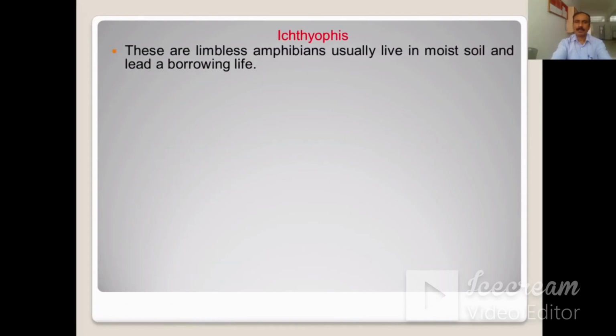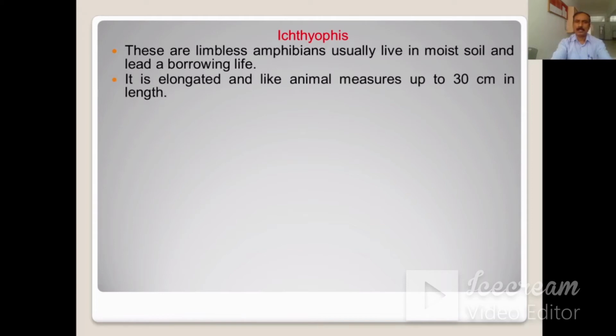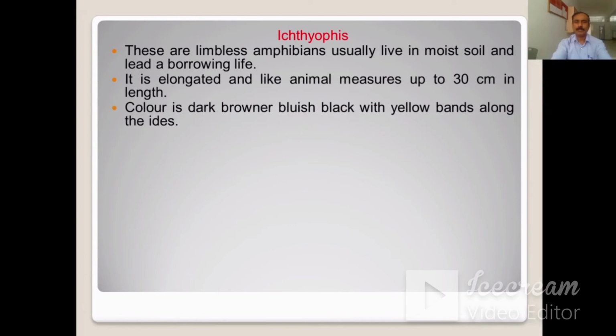Let us discuss the example, that is Ichthyophis. These are limbless amphibians, usually living in moist soil and leading a burrowing life. It is elongated and eel-like, measuring about 30 centimeters in length. Color is dark brown or bluish black with yellow bands along the sides.